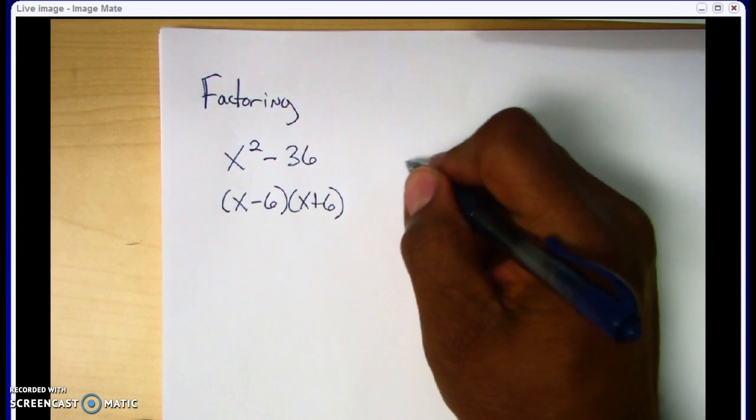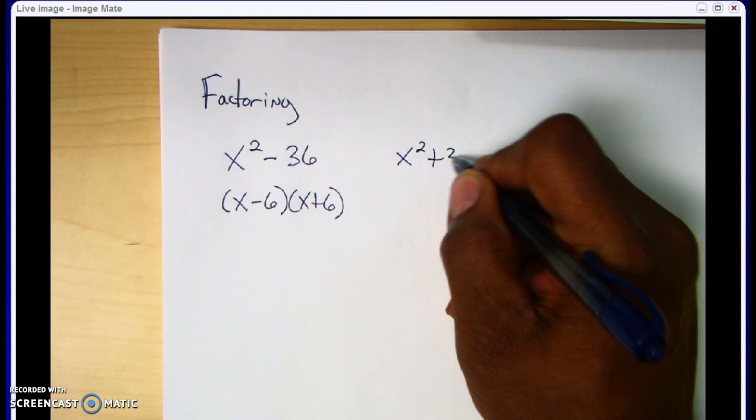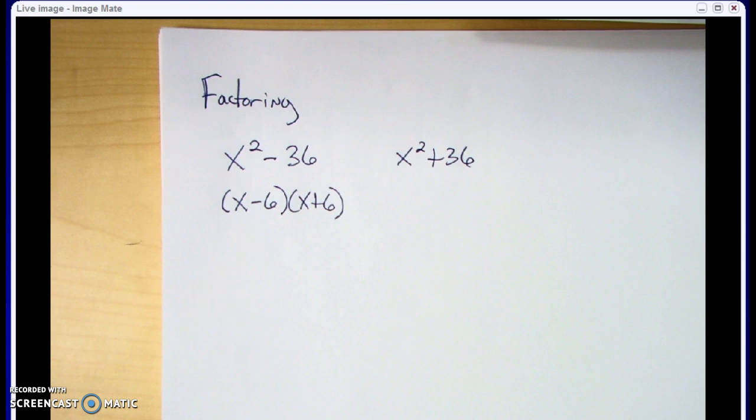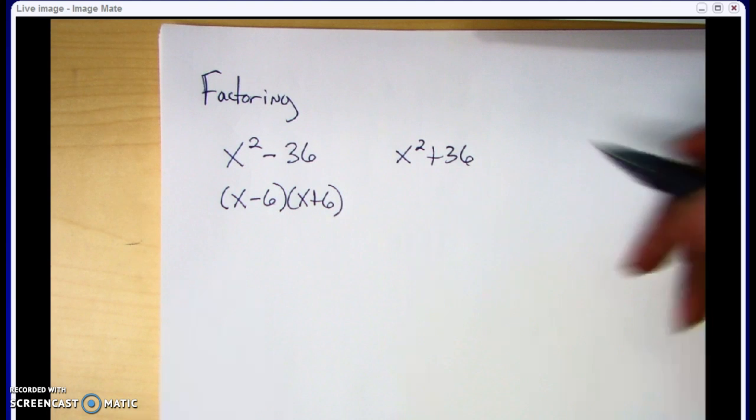Okay. Now, what if you ended up with x squared plus 36? All right. When we were dealing with real numbers, we'd say this is prime or can't be factored. It's already simplified.